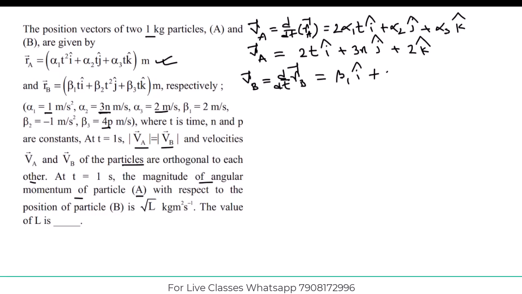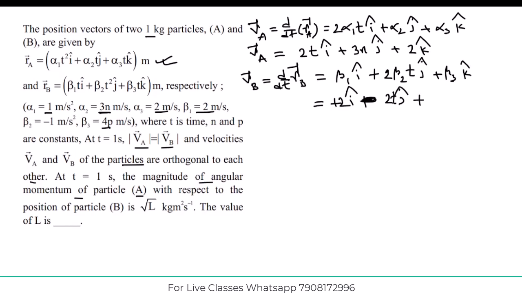Beta 2 t square, that is twice beta 2 t j cap, plus beta 3 k cap. Now put the values of beta 1, beta 2, beta 3: beta 1 is 2, that is plus 2 i cap, and beta 2 is minus 1, so this becomes minus 2t j cap plus beta 3 k cap.